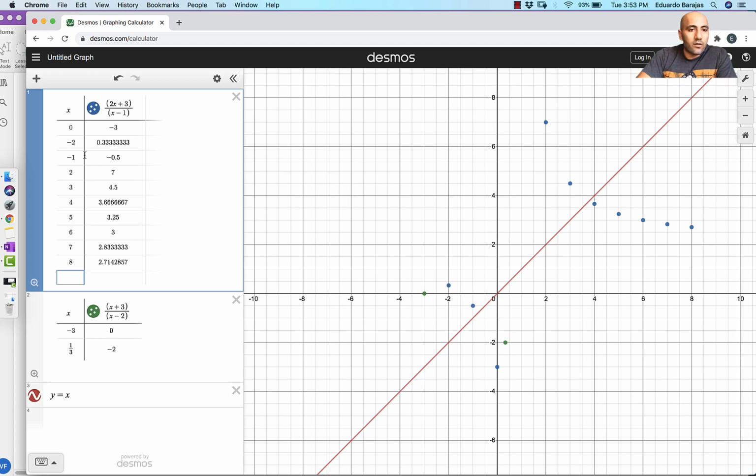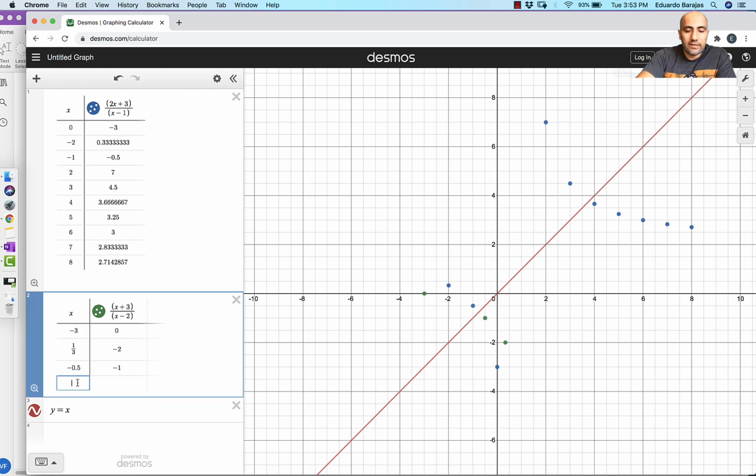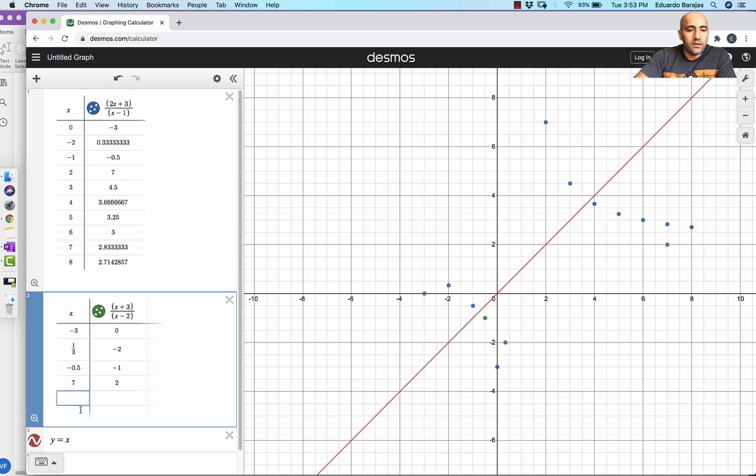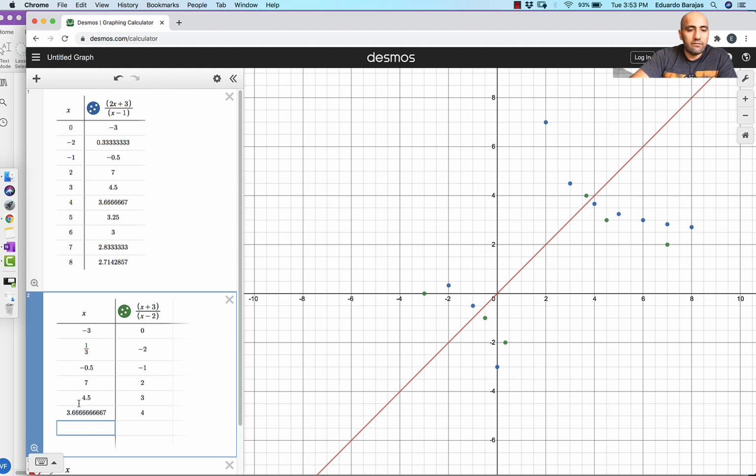And then for the green one, all I have to do is flip these around. So I know that negative 0.5 is going to lead to negative 1. And I know that 7 is going to lead to 2. And I know that 4.5 is going to lead to 3. And 4.666666667 is going to lead to 4.